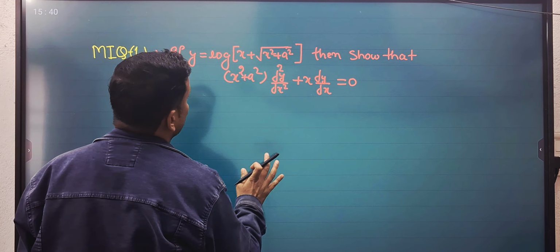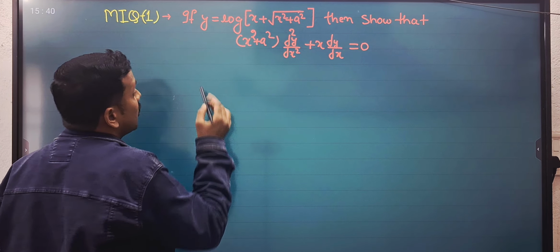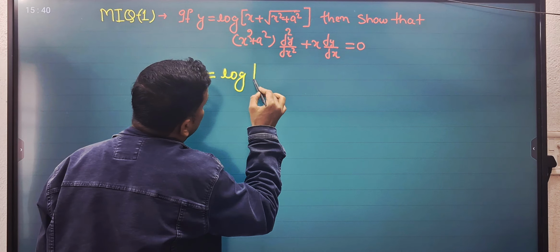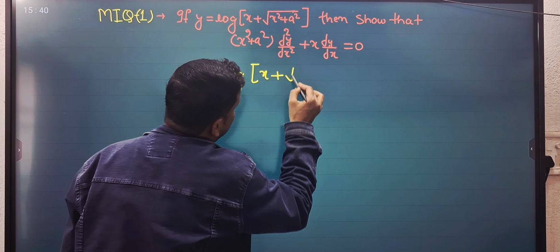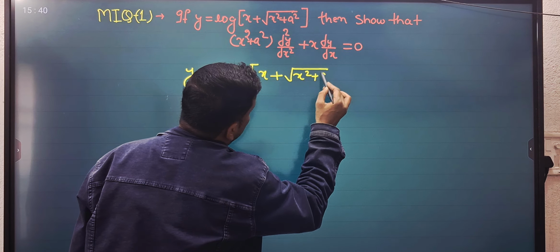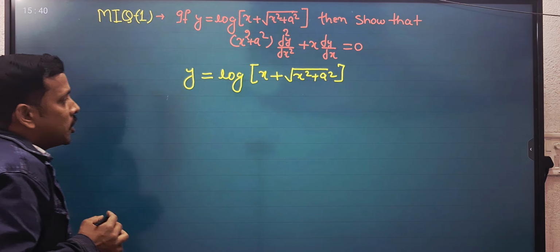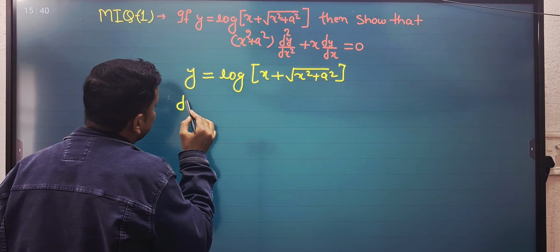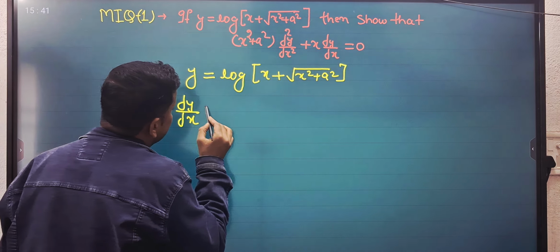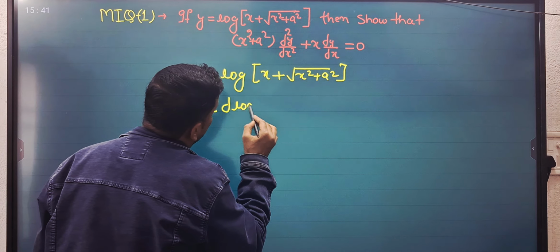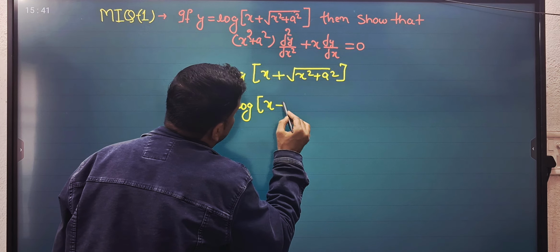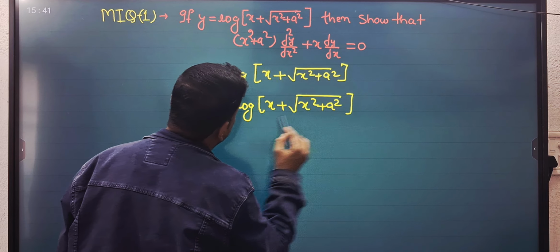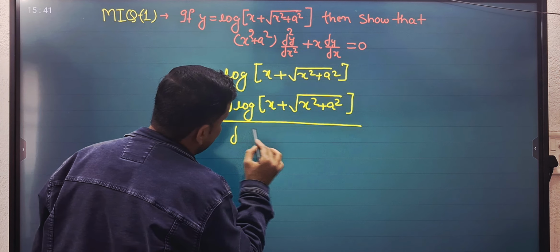What I have is y equals log of x plus root under x square plus a square. Now, on differentiating both sides with respect to x, we will get dy by dx equals d of log of x plus root under x square plus a square by dx.